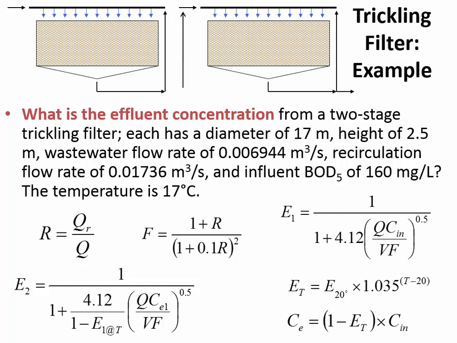E means efficiency, basically. Okay, so let's do stage 1. Stage 1 means the first filter that the water goes through. And we want to find the efficiency of stage 1 using this empirical factor. Put in the flow rates.